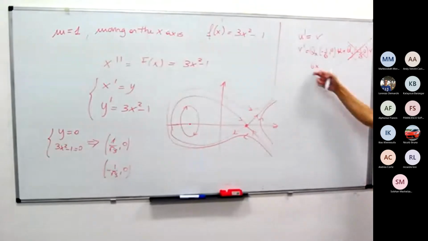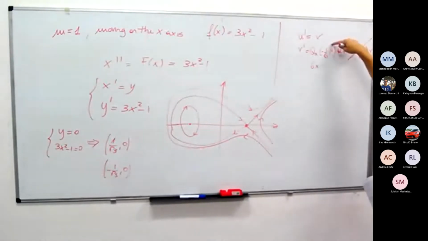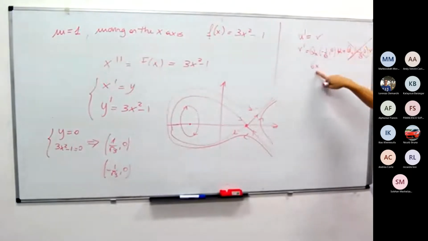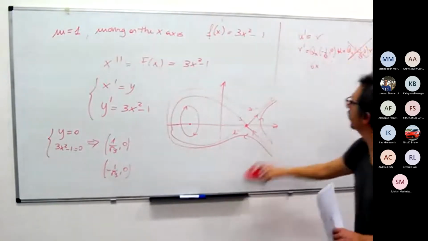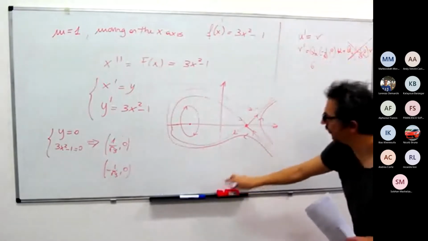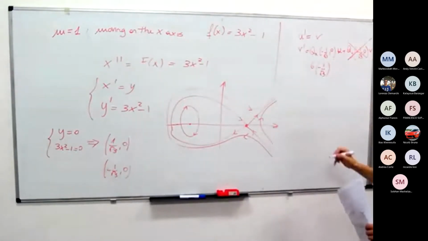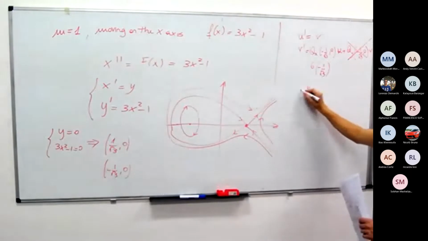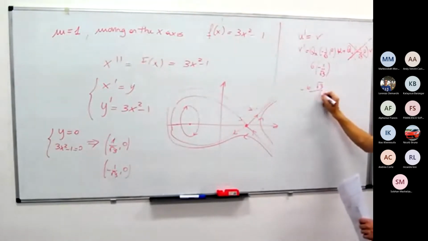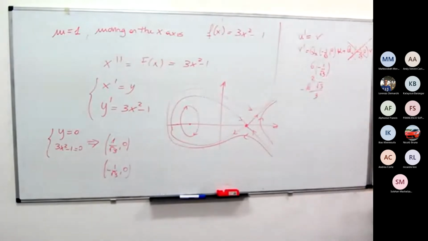But I have to evaluate this 6x in the critical point, which is minus 1 over square root of 3, 0. So x is minus 1 over square root of 3. Which I can write as minus 6 square root of 3 divided by 3. So as minus 2 square root of 3.